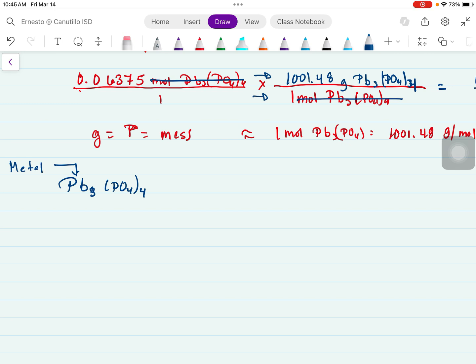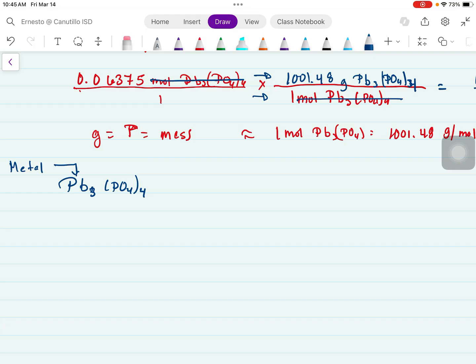So what the question is asking, how many atoms of metal remain, what I want to figure out is how many atoms of metal exist within the amount of lead 4 phosphate that we have calculated. Okay. So it's still stoichiometry. It's just a little bit different.